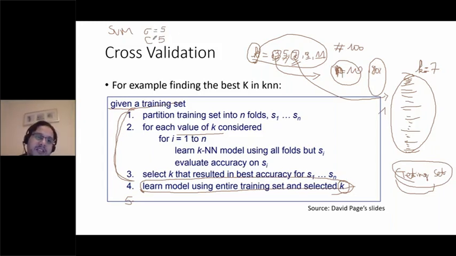Sigma equals 5, C equals 5, and N equals 10. 5 multiplied by 5 is 25, multiplied by 10, it's 250. Exactly. 250 SVMs just to pick the best ones, because we are trying all the possible combinations.